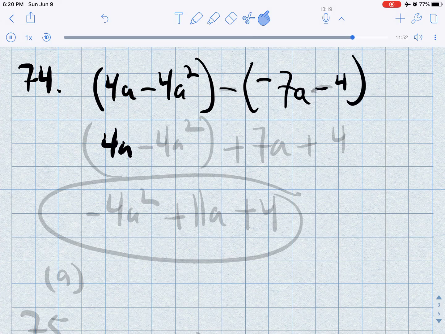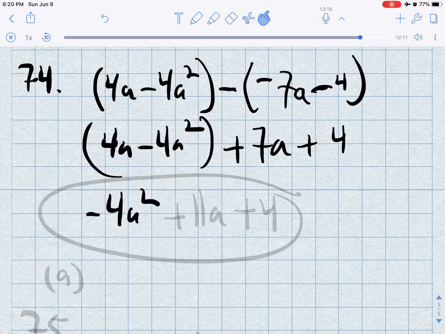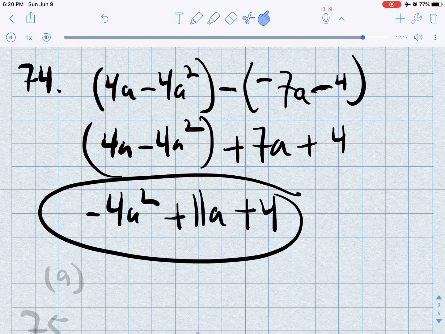So we have 4a minus 4a squared plus 7a plus 4. Now we can just add the like terms. I distributed this negative to the other two negatives, and now I have pluses. Makes life easier. Negative 4a squared plus 11a plus 4. All right, so that's 74. That's choice A.